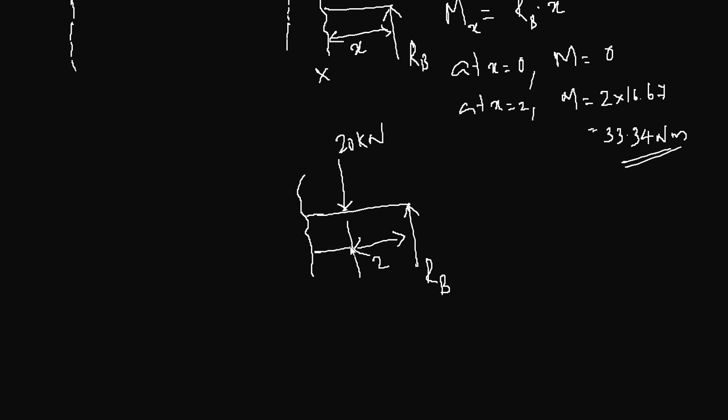and your section distance is x. So the section here, and now moment about this point here. Always remember, take moment about the point where you take the section. So when you look from the section, the forces acting are 20 kilonewton acting downward creating a clockwise moment, and RB acting upward creating a counterclockwise moment.